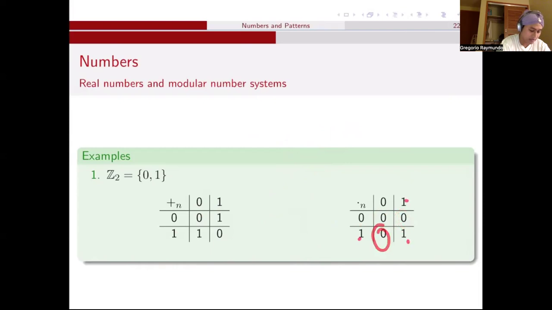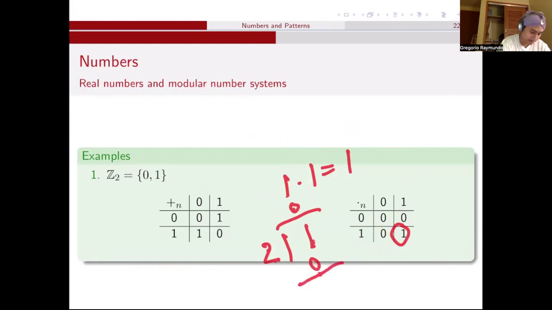And 1 times 1, 1. 1 divided by 2, 0. 0 times 2, 0. 1 minus 0, 1. Kaya 1.